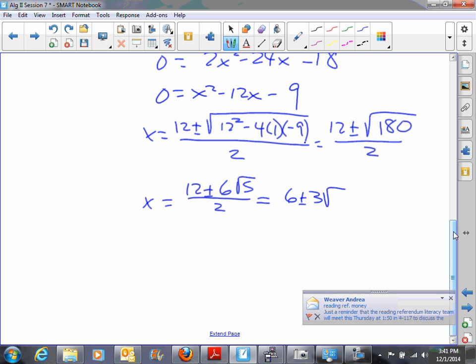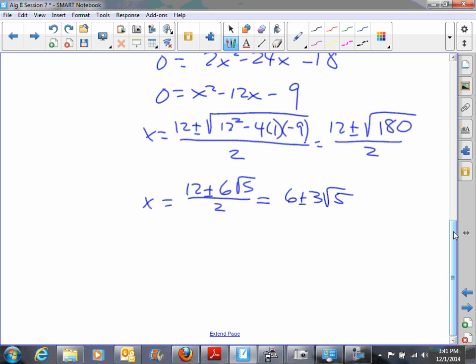Now, x represents Sandy's rate in still water. The square root of 5 is bigger than 2, and so 3 square root 5 is going to be bigger than 6, and so if we subtract that, we're going to get a negative number. So we'll just throw this one away, and so we get 6 plus 3 square root 5. Now, if you want an approximation of that, you could take your calculator. Where is my calculator?